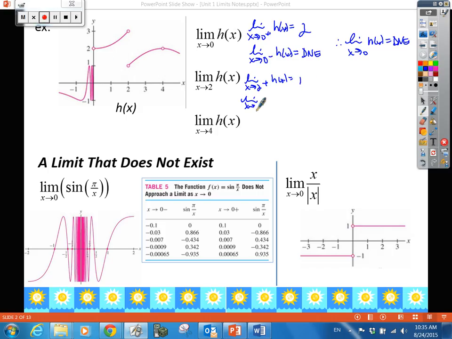The limit as x approaches 2 from the left of h of x. Looks like we are approaching a 3. Therefore, the full limit does not exist. The limit as x approaches 2 of h of x equals DNE.